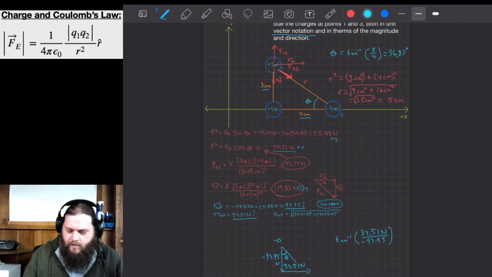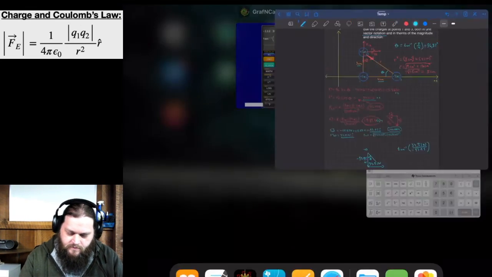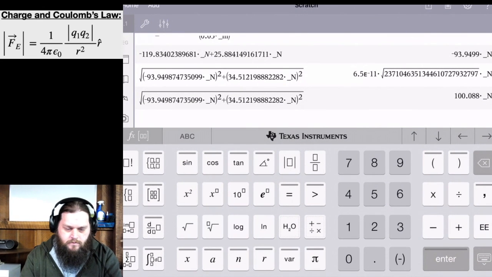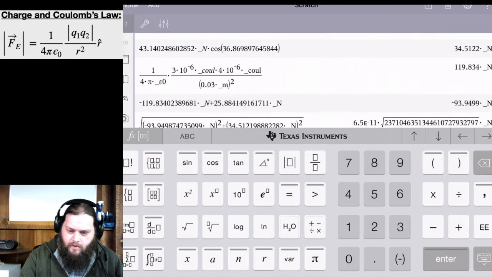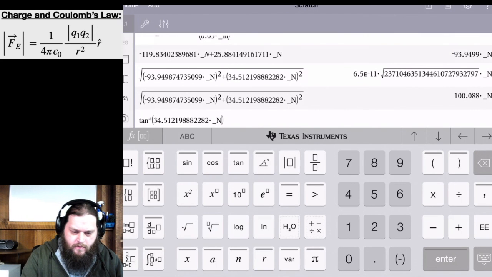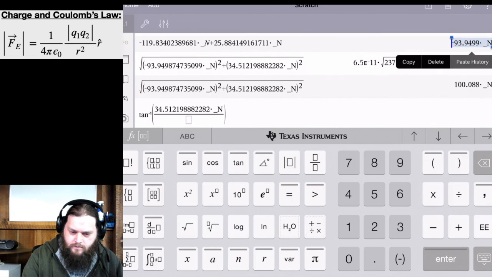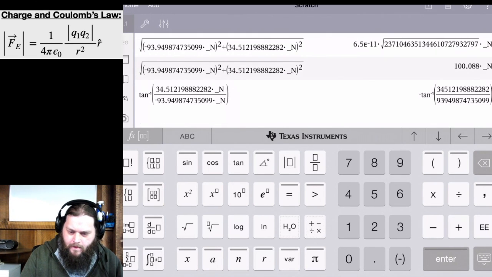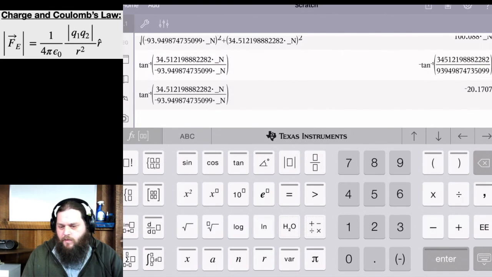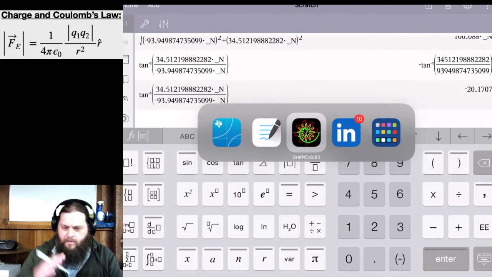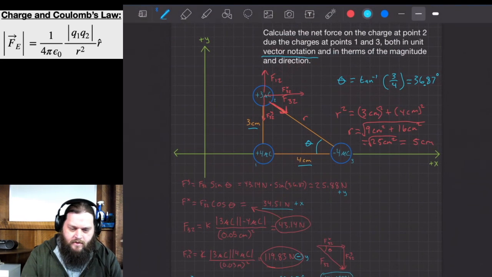So let's see what that is. We said 34 is the top. So this is negative 20.17. That's going to be negative 20 from the positive x-axis.